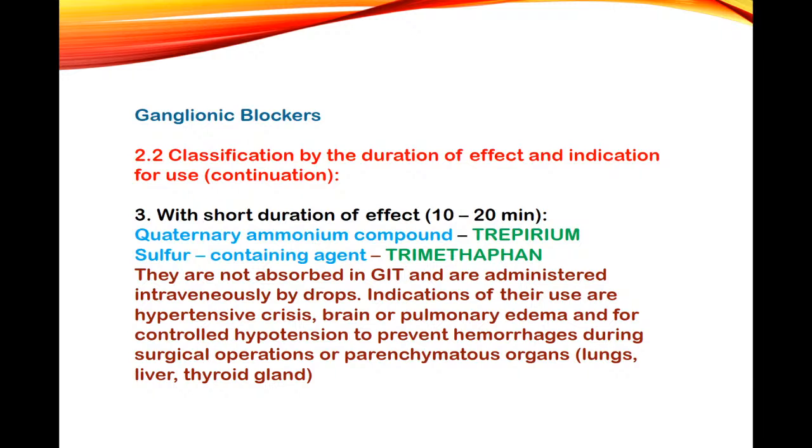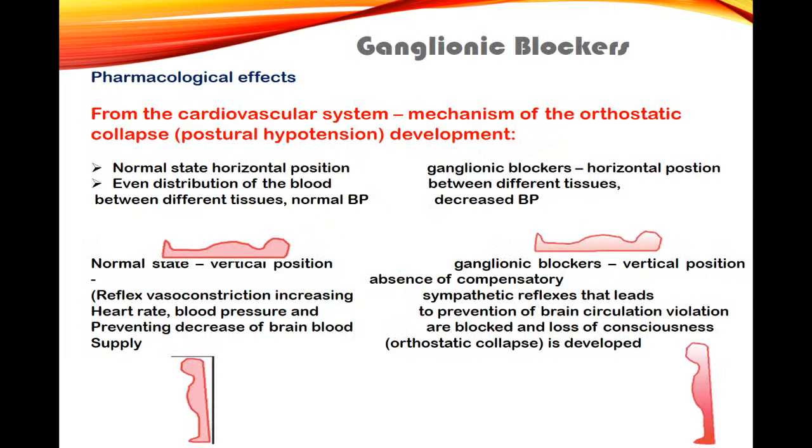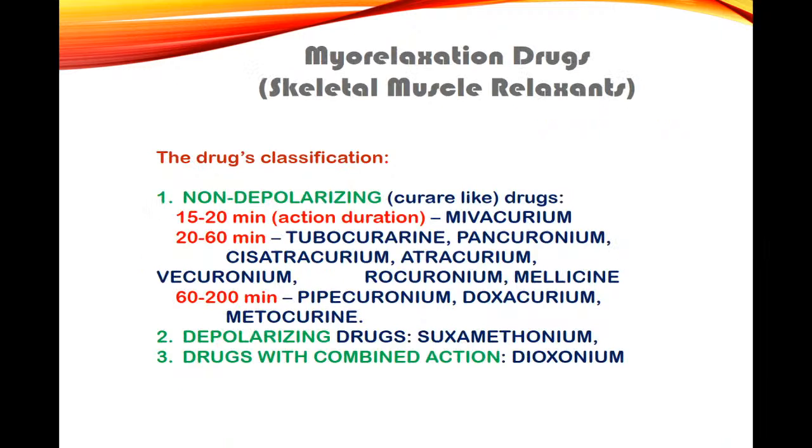A typical side effect of ganglionic blockers is orthostatic hypotension, or sharp decrease of arterial pressure in changing of body position from horizontal to vertical.